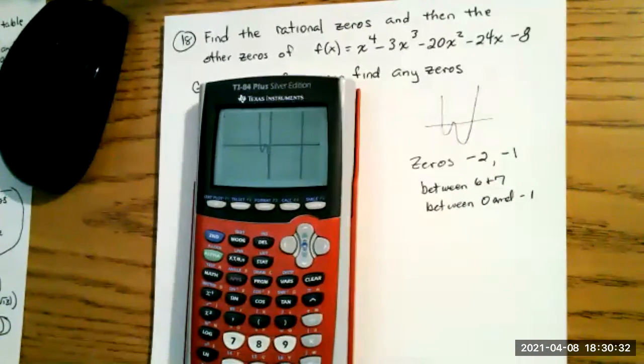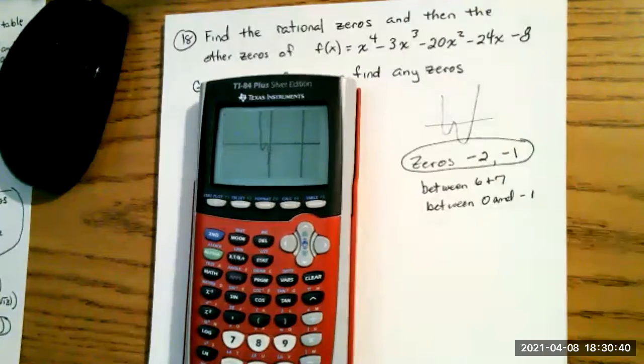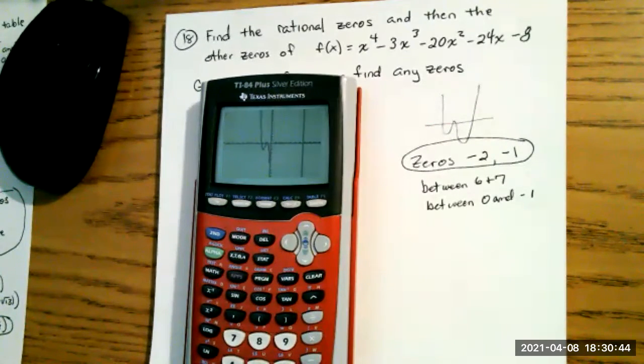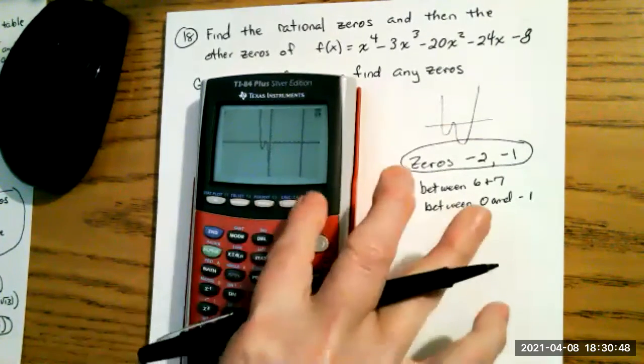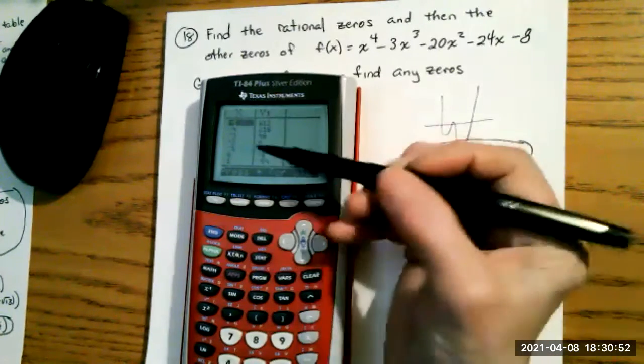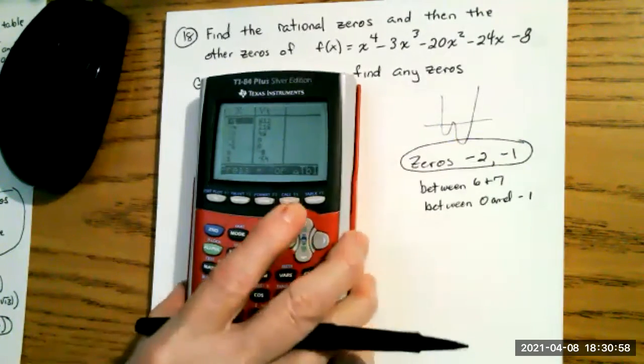But those are probably ones that are fractions or have radicals on them or something. But these 2 are real good ones right here that I can start with. So that's what I did, was grab my calculator, graphed it, used my table to find those 2 zeros. And I know they're zeros because the y value is 0. So I have a -2 and a -1. So I'm in good shape.